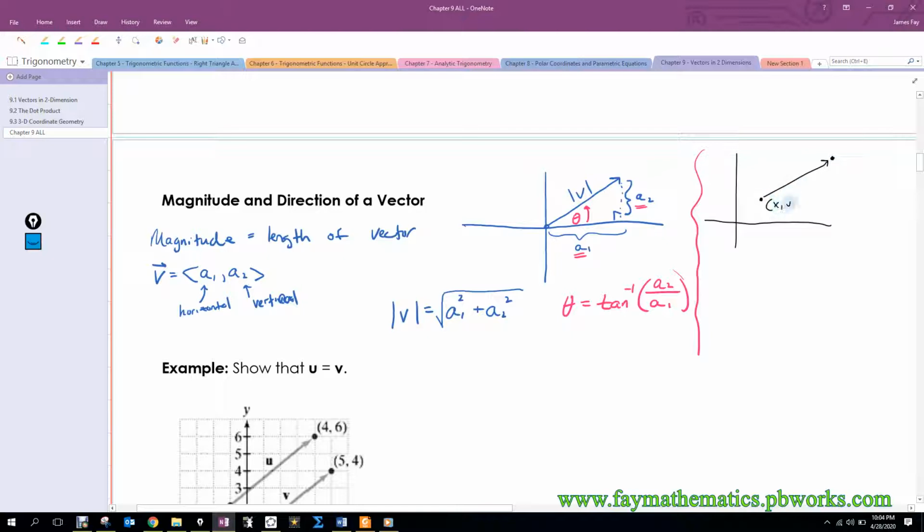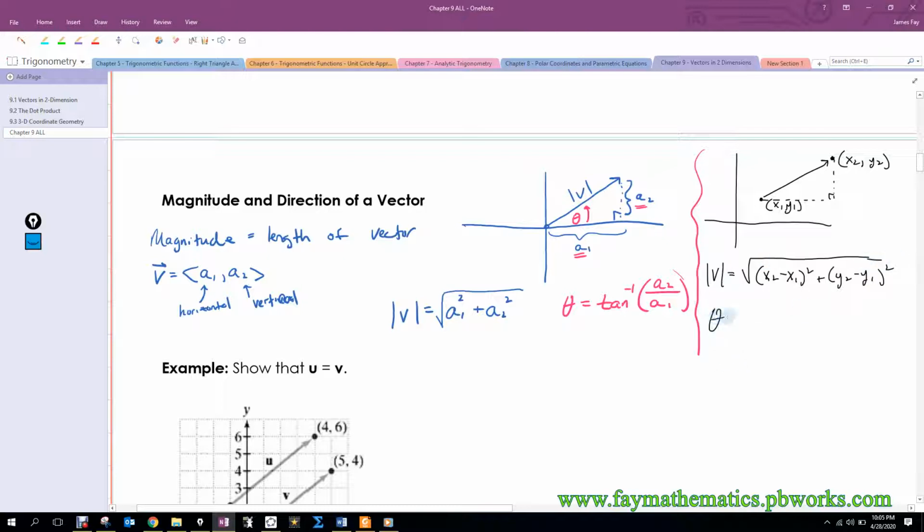This is x1, y1, and this is x2, y2. You can say that the magnitude of vector v would be the square root of x2 minus x1 squared plus y2 minus y1 squared. You've done this before. So that's just, again, the Pythagorean theorem. This is actually the distance formula.